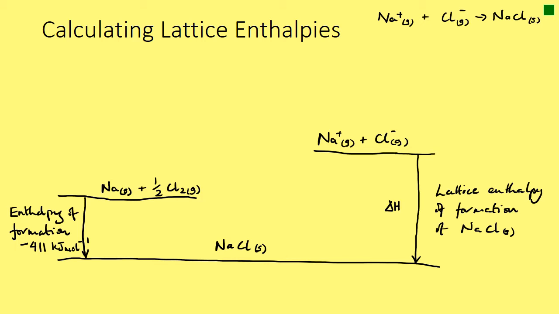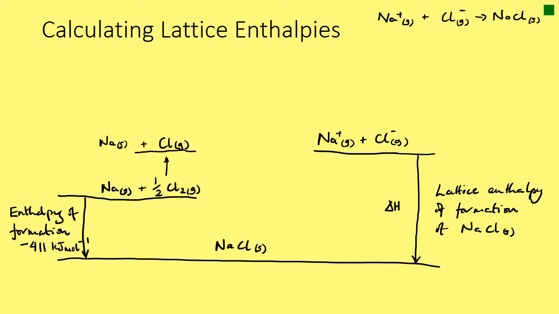Starting from there, we can then take the solid sodium and the gaseous chlorine molecules, and the first thing we can do is atomize those chlorine molecules. So you would get a chlorine atom in the gaseous state. We've not done anything to the sodium yet, so that's still sodium solid. But what we've done is we've gone from here to here on our chlorine, and we've had to put energy in.